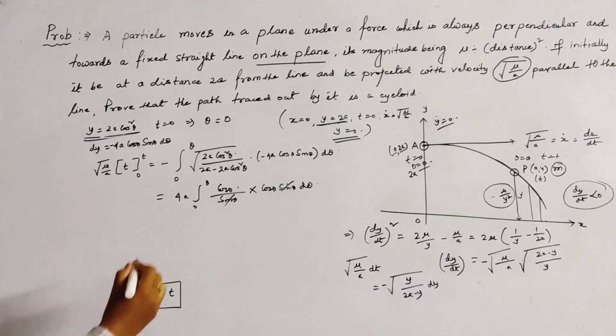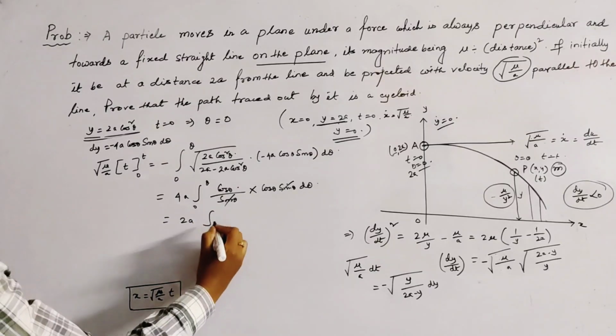Sin theta cancels out, and we get 2a into integration 0 to theta.